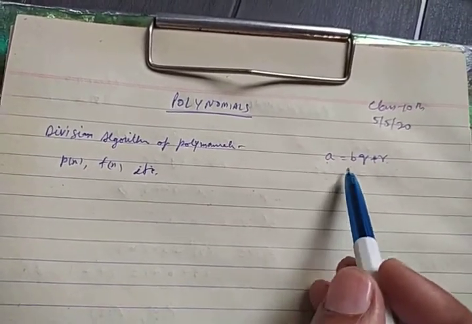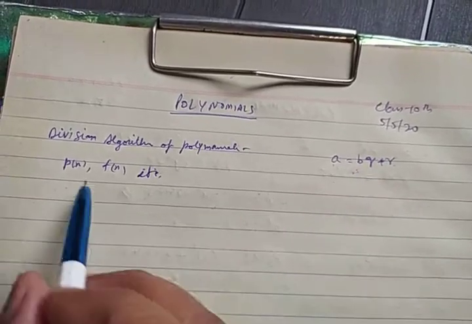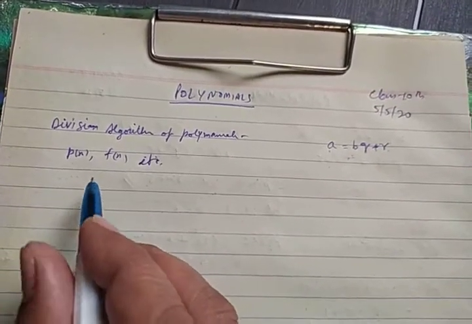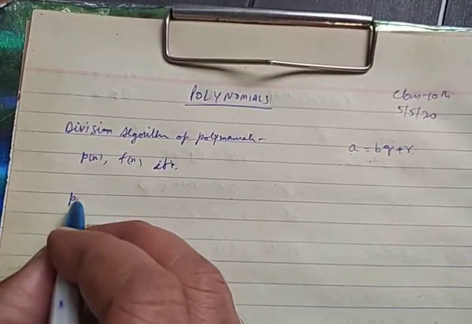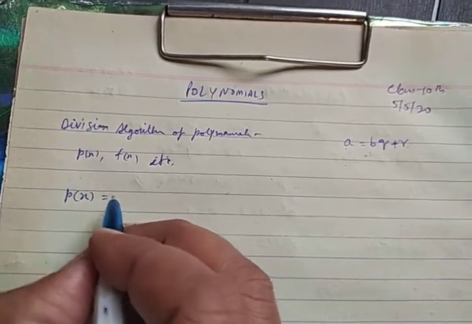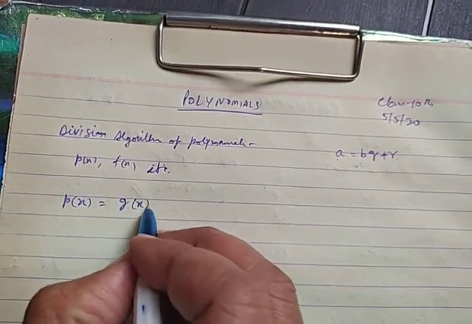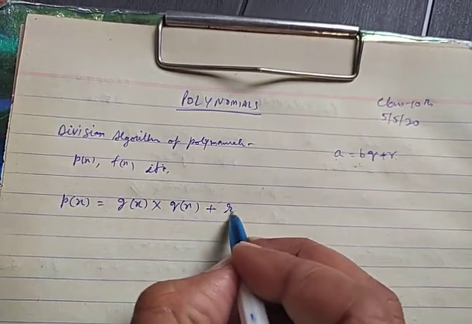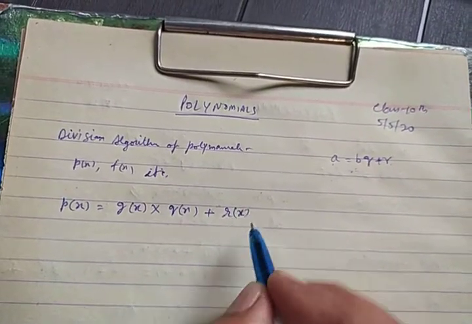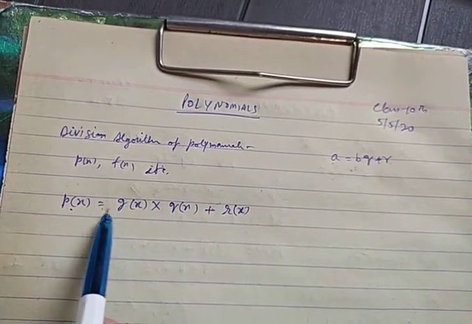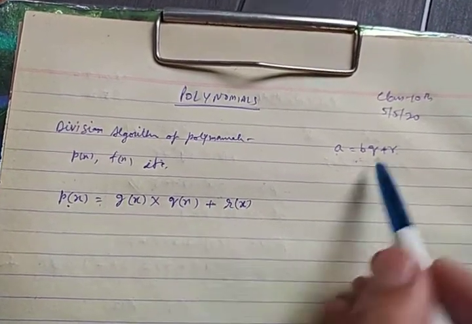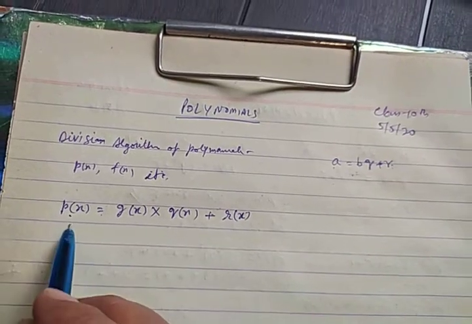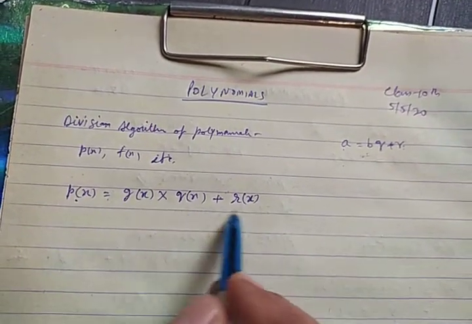When you apply this concept to polynomials, this stands as p(x) = g(x) q(x) + r(x). a = bq + r, the same thing is written, but in polynomial format.